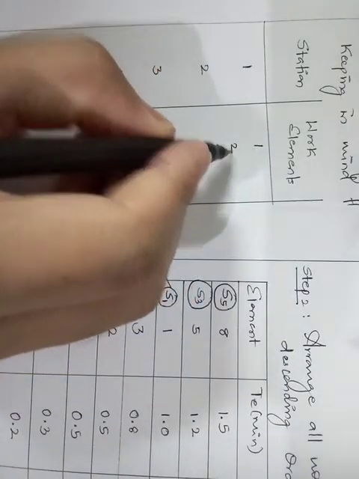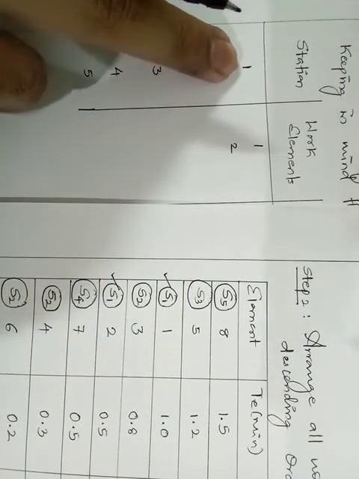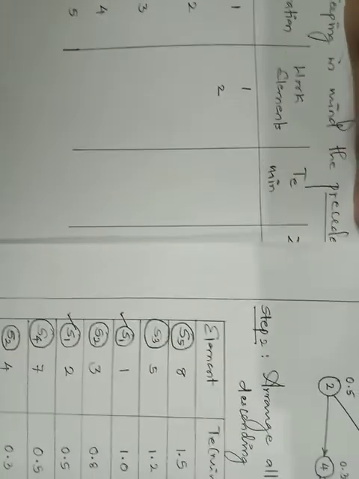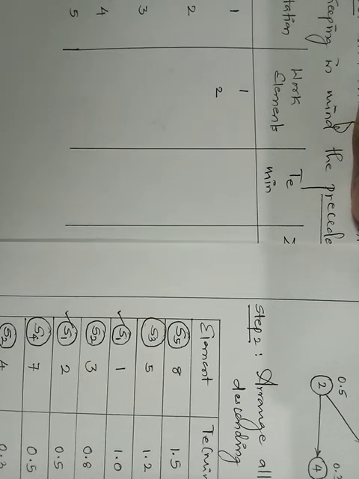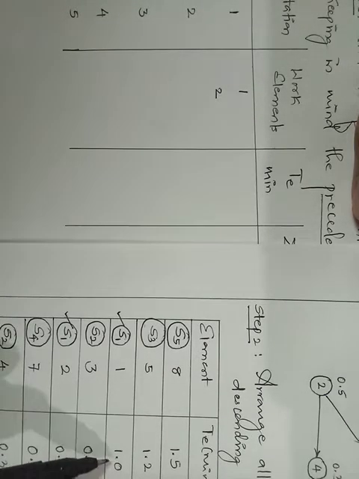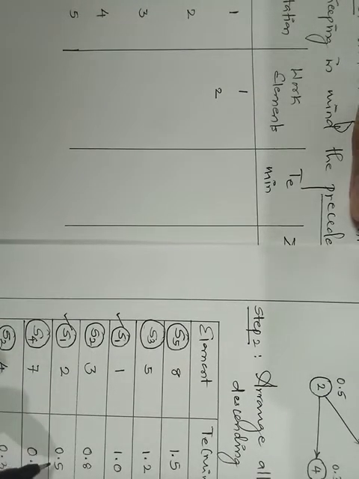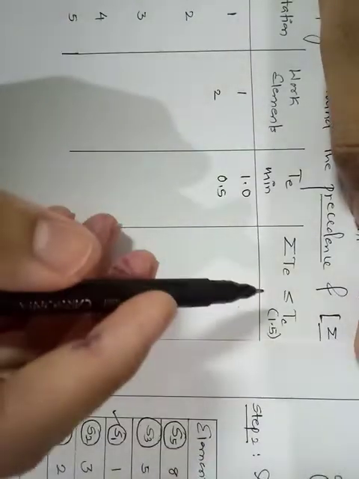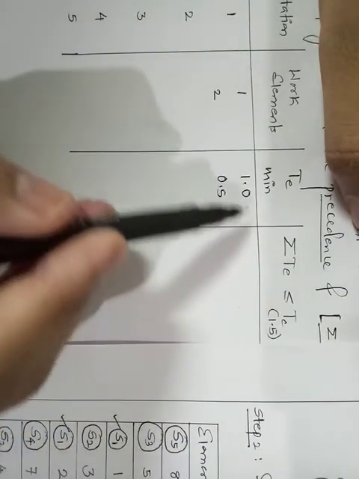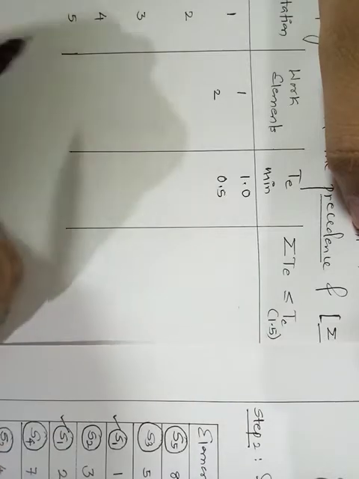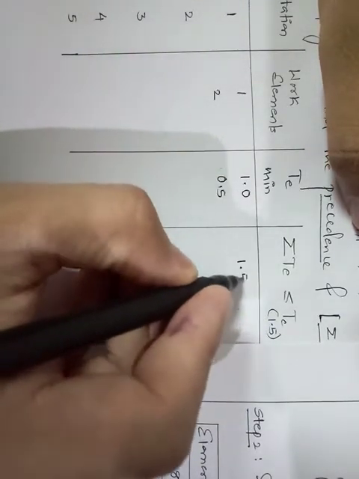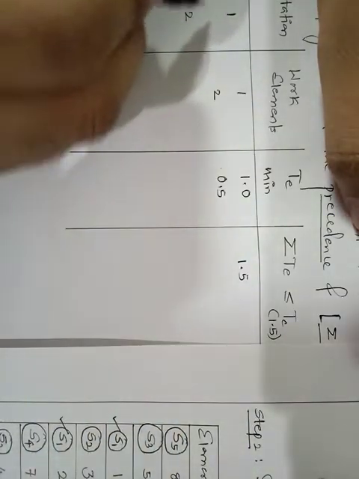Associated times, please write it down: for 1 and 2, you are having 1 and 0.5. At last, the summation of these two should be less than or equal to 1.5, right? So yes, in this condition it is holding good.